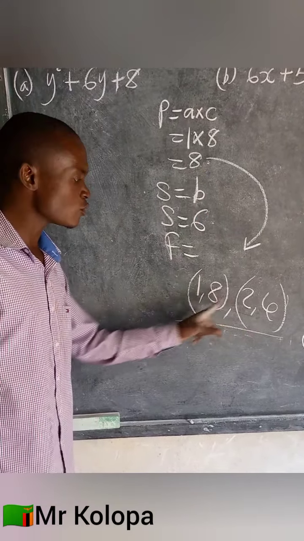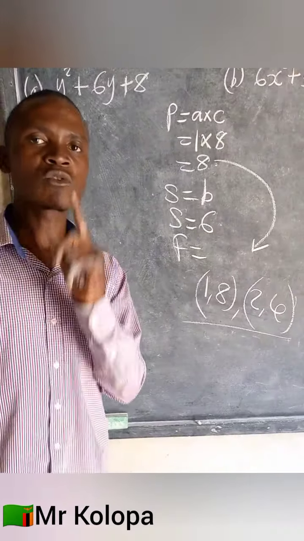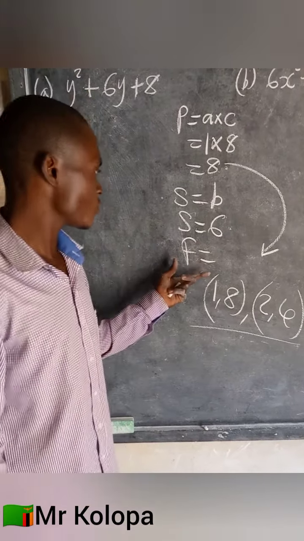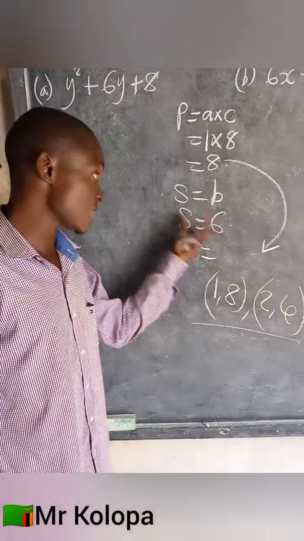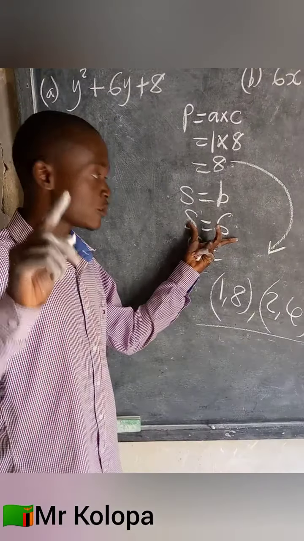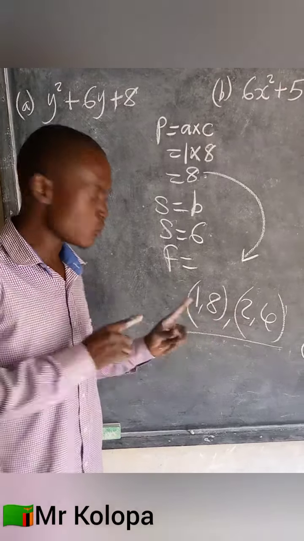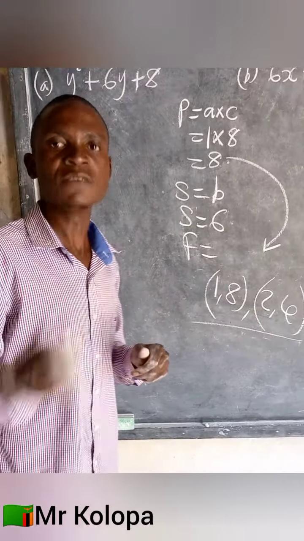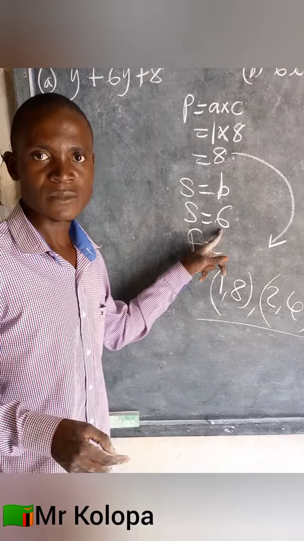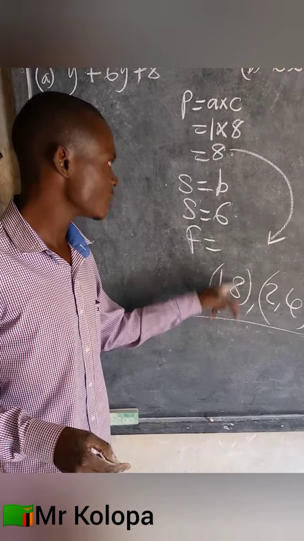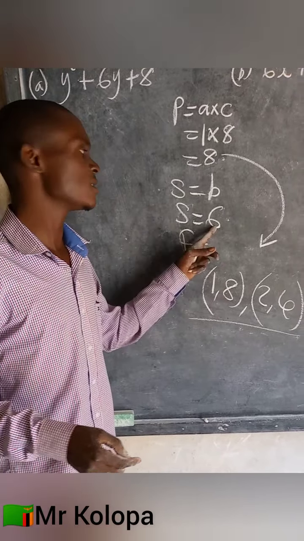But out of these two groups, you need to get one group that will also obey this condition. Remember, it's an addition. So out of these two, which group, when you add the two numbers, gives you the sum? 1 plus 8, you are getting 9, which is not 6.